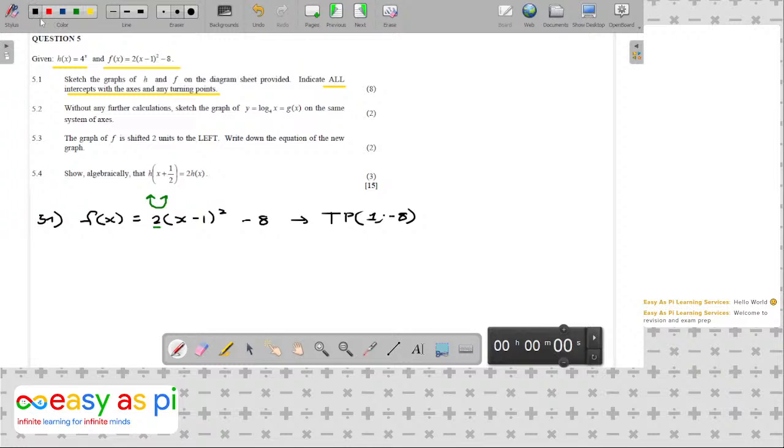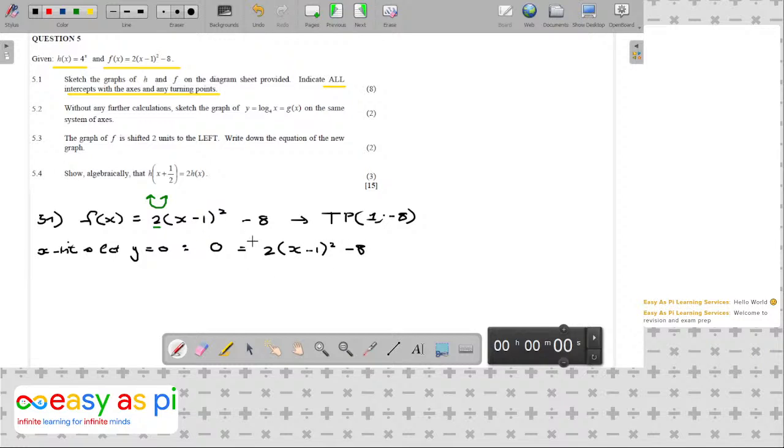Now, from here, I'm going to find the x-intercept and the y-intercept. To find my x-intercept, I let y equal 0. That means I let f of x equal 0, so 0 is equal to 2 into x minus 1 squared minus 8.